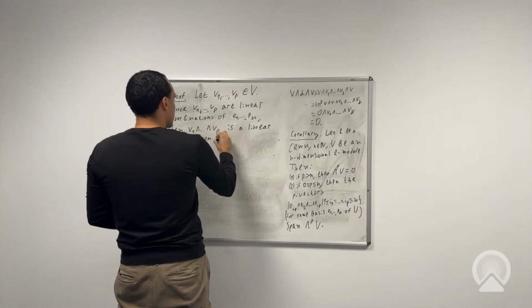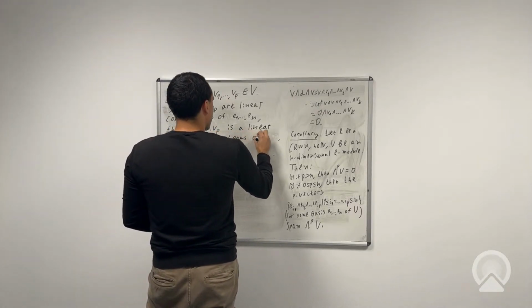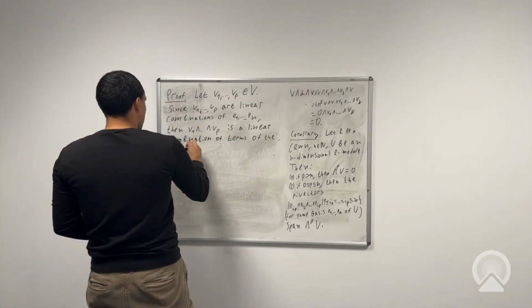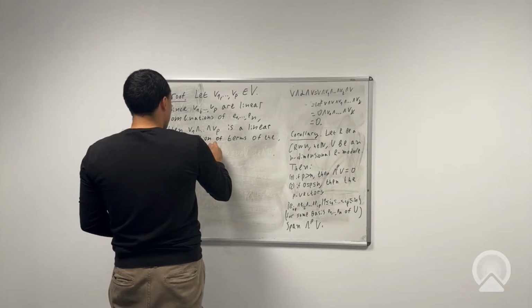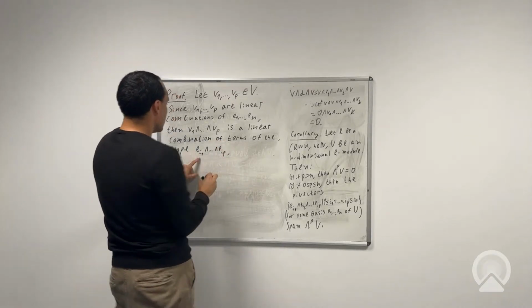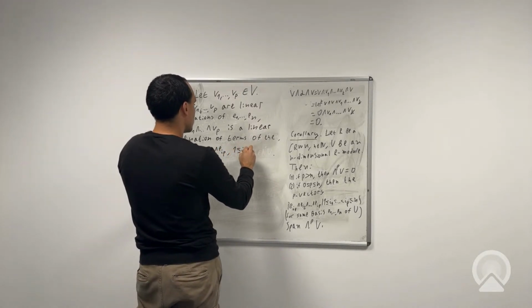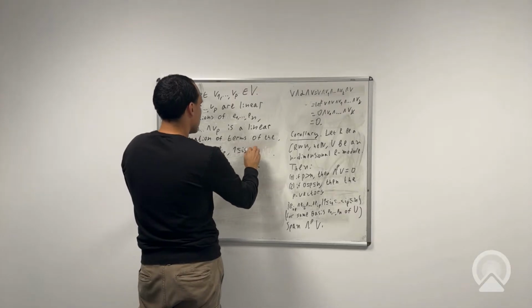So v1 to vp is a linear combination of terms of the type e_i1 wedge to e_ip.